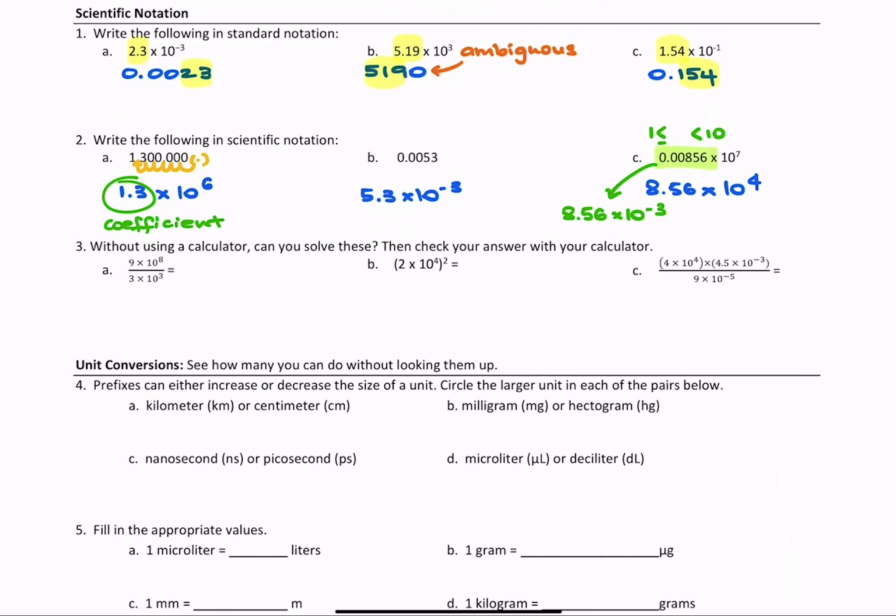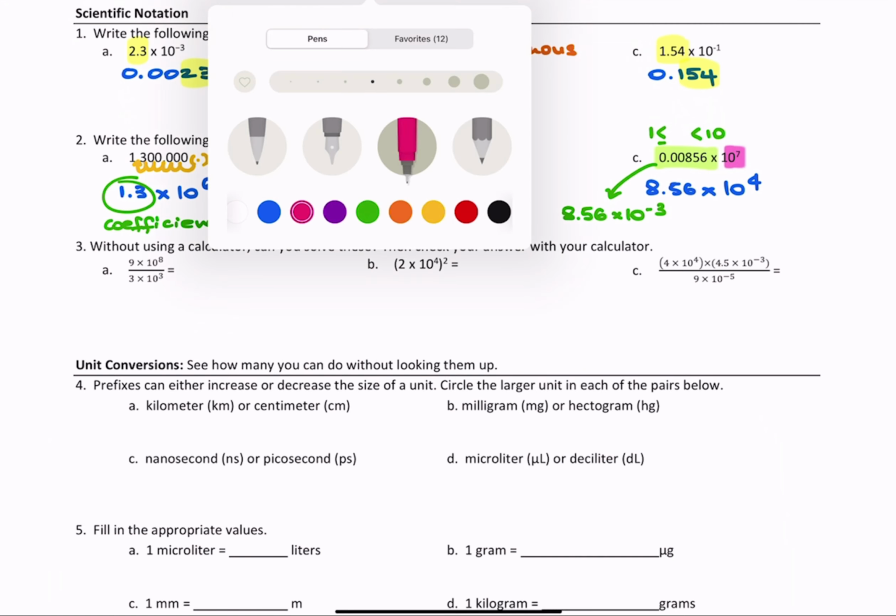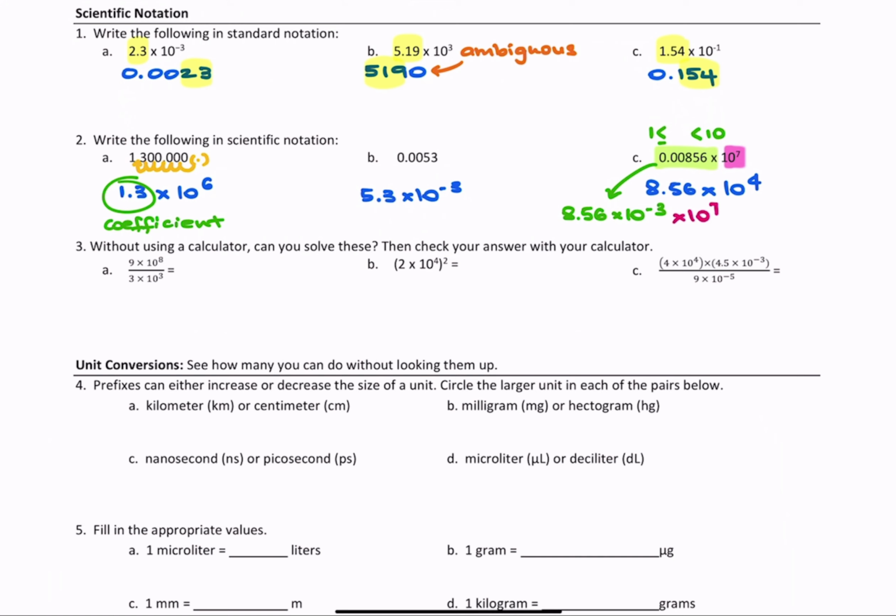Then I will multiply this by the 10 to the 7, and adding these two gives me the 10 to the 4th. Okay, 10 to the negative 3 times 10 to the 7th is 10 to the negative 3 plus 7, 10 to the 4th.